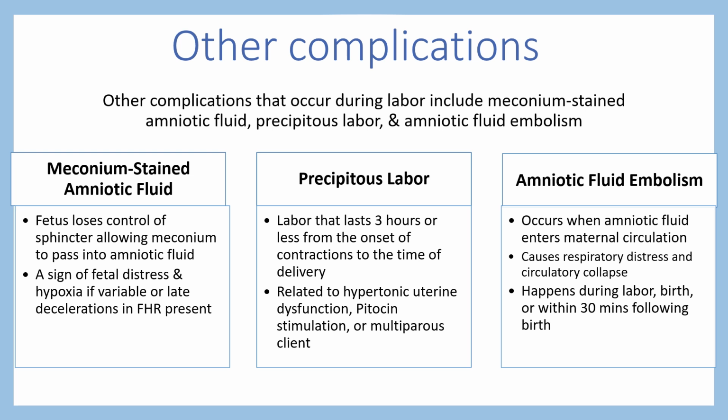The meconium-stained fluid enters the fetus's lungs and can cause breathing issues and infection after birth. A precipitous labor is a very quick labor lasting 3 hours or less from the onset of contractions to the time of delivery. An amniotic fluid embolism can occur when amniotic fluid enters the maternal circulation. This complication causes respiratory distress and circulatory collapse in the mother.